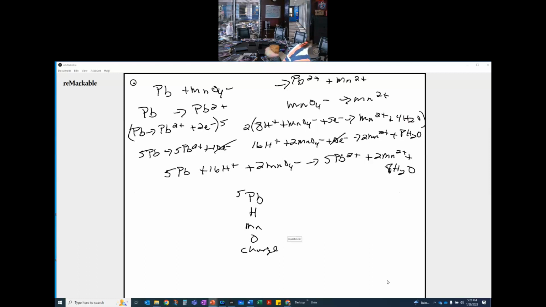I have 5 Pb, 16H, 2 Mn, 8 O on the product side. I have 5 Pb, 2 Mn, 16H, and 8 O on the reactant side. My overall charge on the reactant side, I have 16H plus minus 2 is 14. Here I have 5 times 2 is 10, plus 2 times 2 is 4, which is 14. So everything's balanced. Awesome.